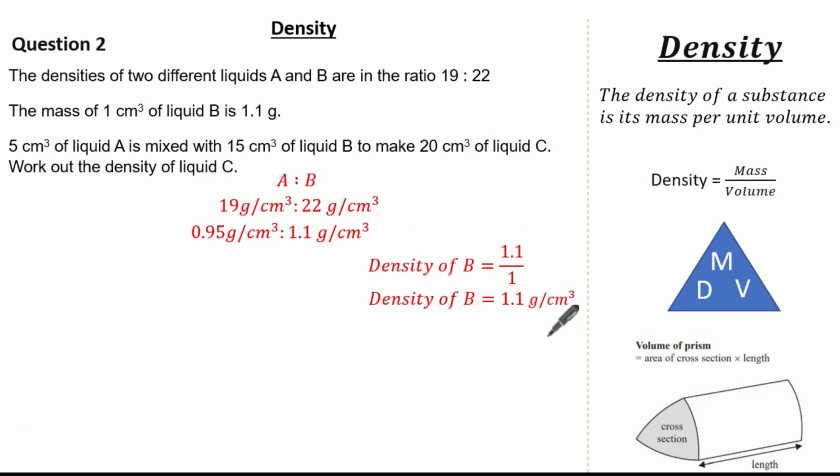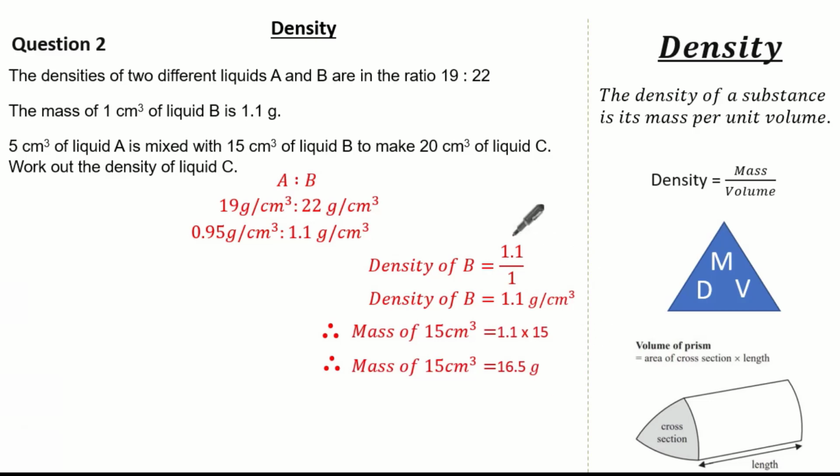Now we know the density of B. Let's work out its mass for 15 centimeters cubed of liquid B. Well, to work out mass, we know its density multiplied by volume. So it's our 1.1 times 15, which gives me the mass of B to be 16.5 grams for 15 centimeters cubed.